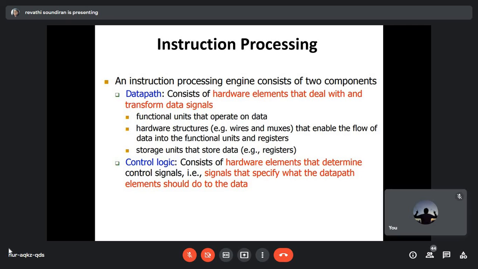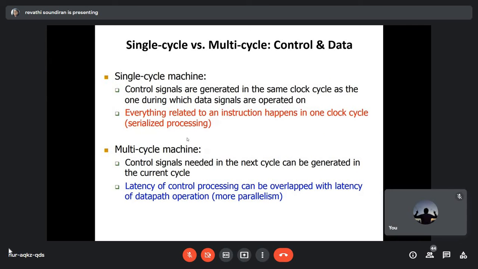Now we have already contrasted the single cycle operation and the multi-cycle operation in terms of, say for instance, your control and the data path. First, with respect to your single cycle machine, the control signals and the data signals are both generated in the same clock cycle.